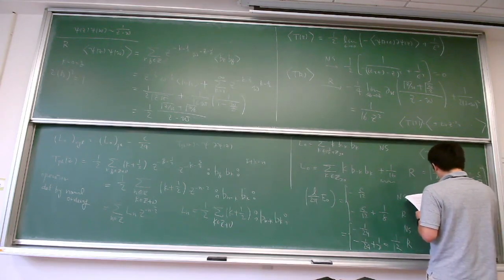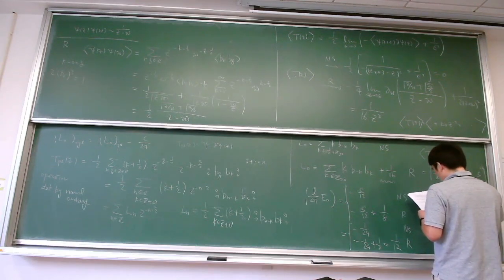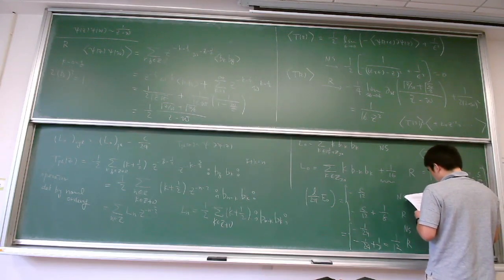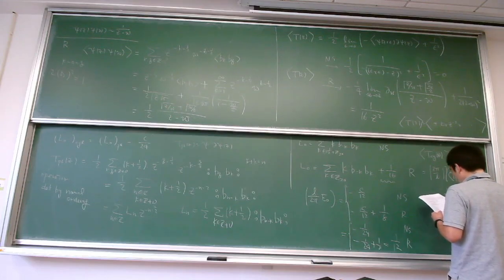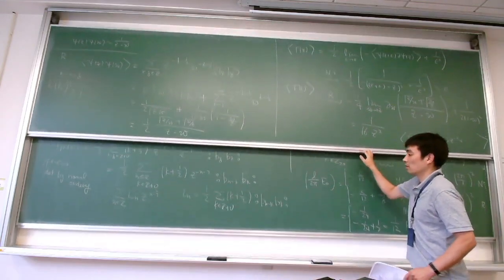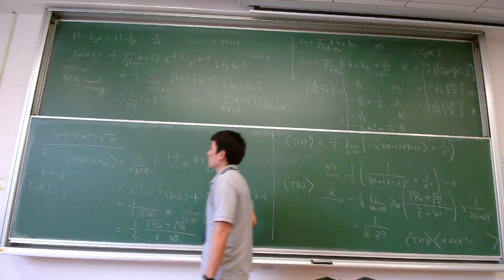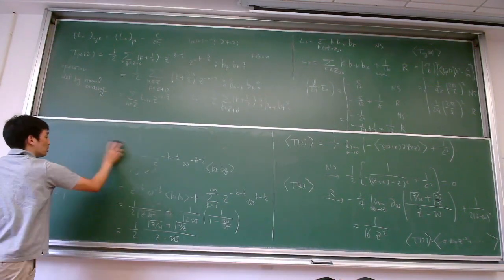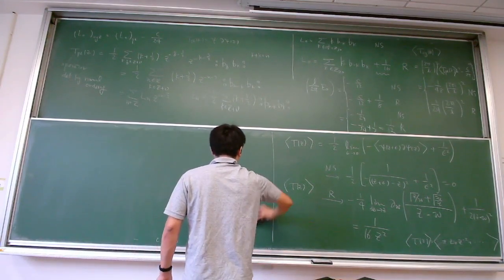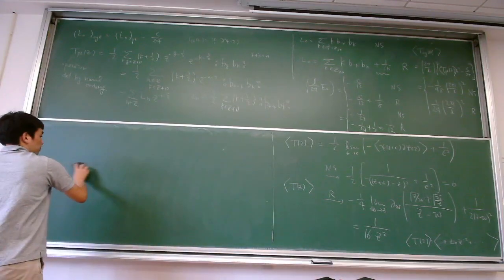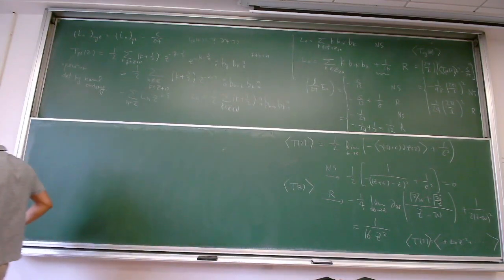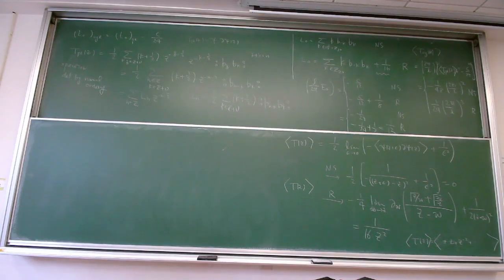You get 1 over 48 times 2 pi over L squared and 1 over 24 times 2 pi over L squared, for Neveu-Schwarz and Ramond.